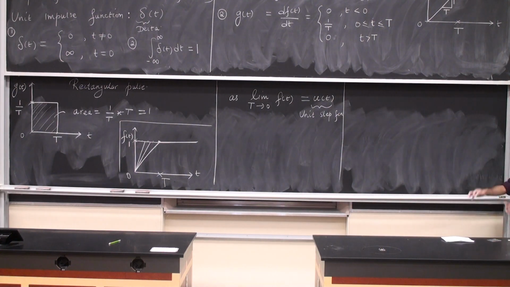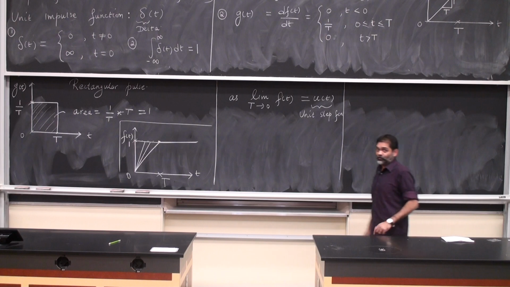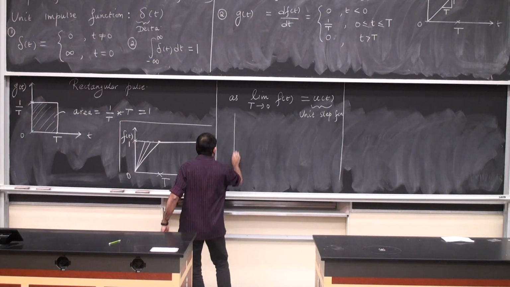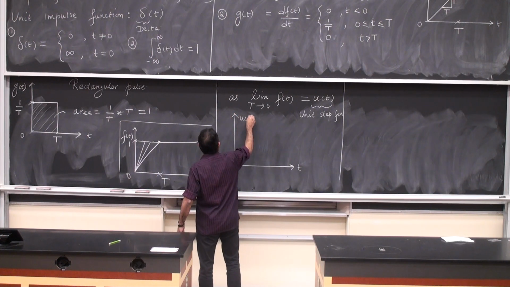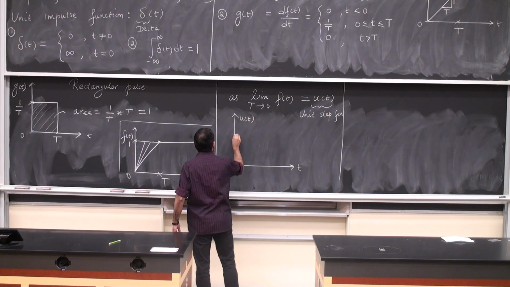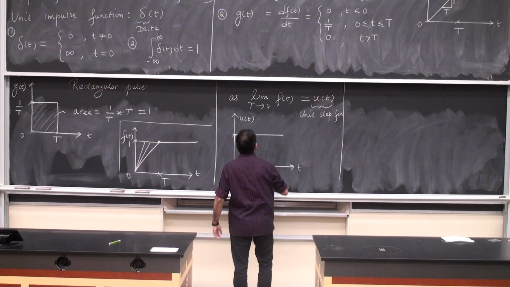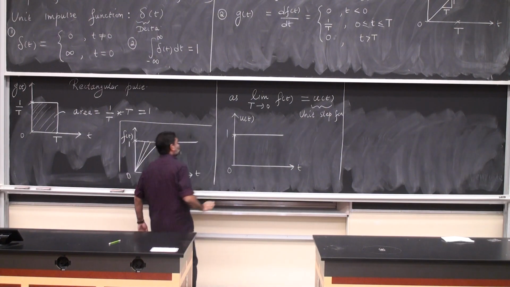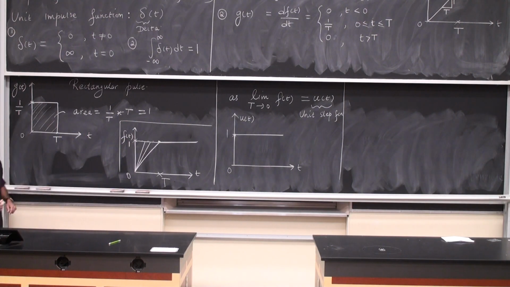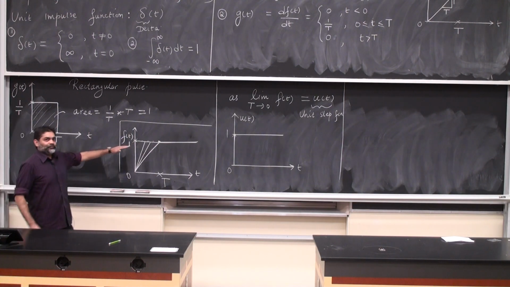Okay, so this is the birthplace of the unit step function. This is how it is born. And you can sketch that here. This is t. This is u of t. And this is drawn as follows. This is 1. This is 0. Everybody with me so far?